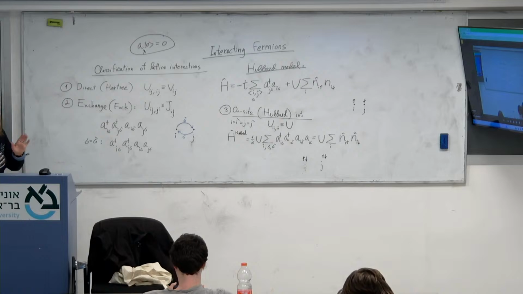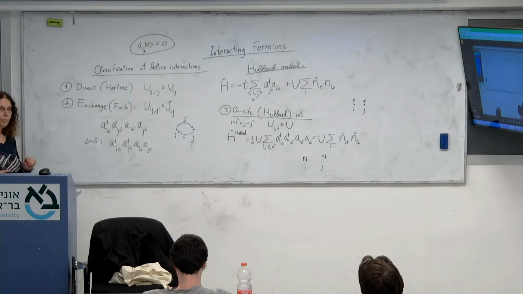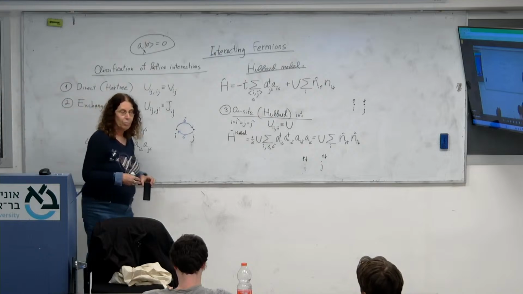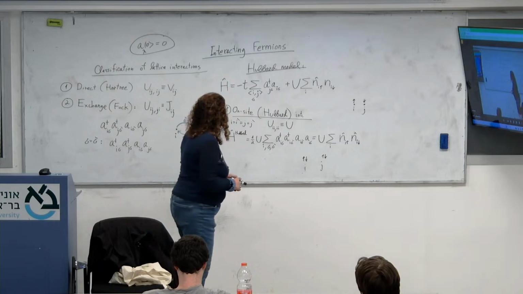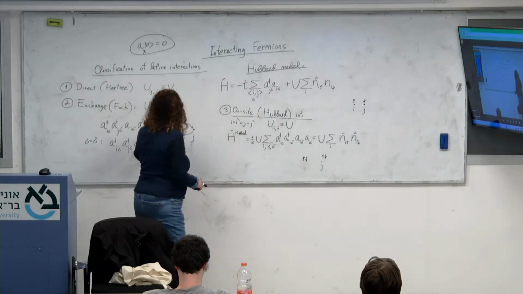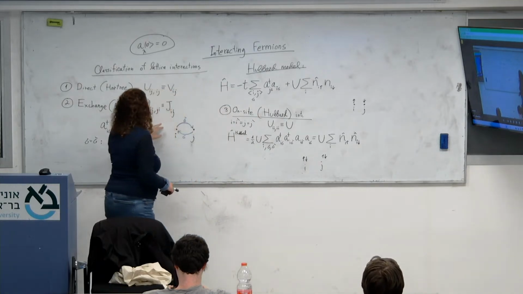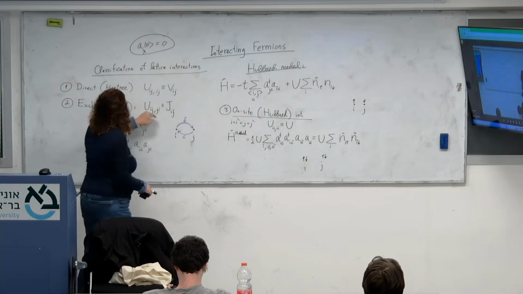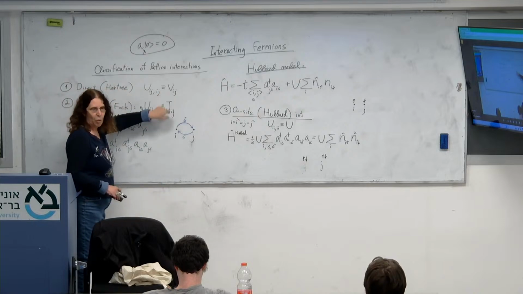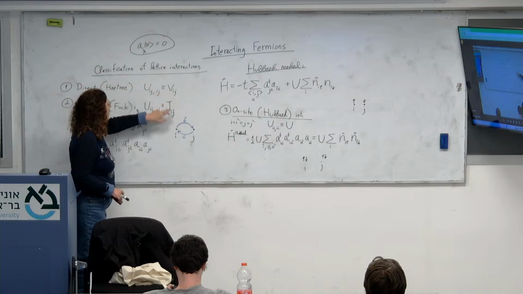Okay, questions about this part? If you would like to write a nearest neighbor interaction, it will be like n_i n_j. Yeah, so the nearest neighbor interaction will be either of the, so there are actually the direct term and an exchange term.